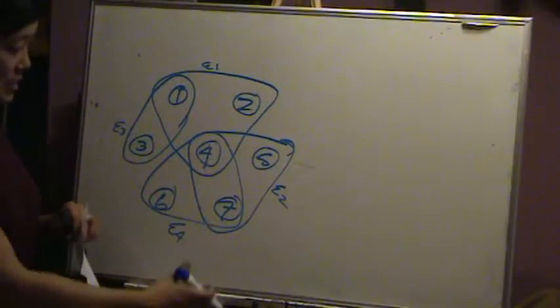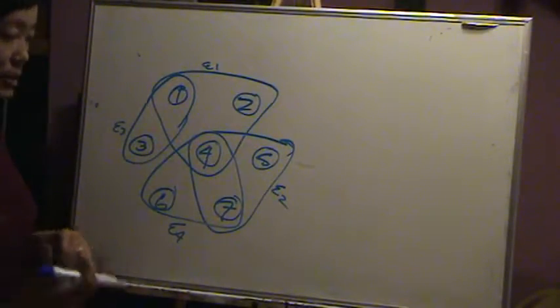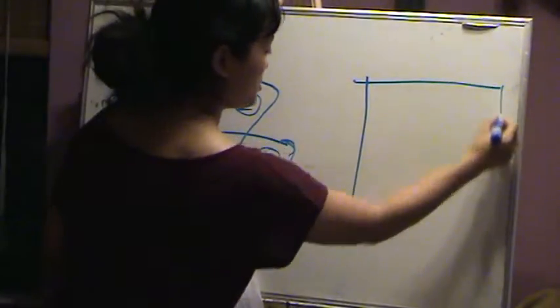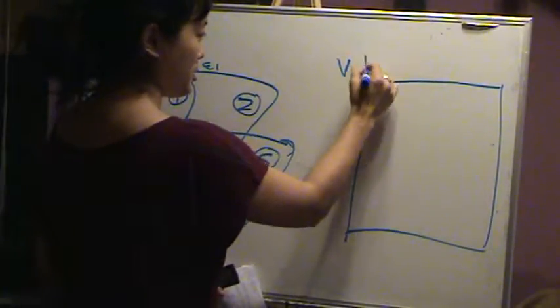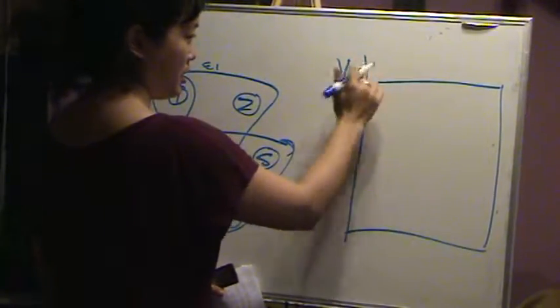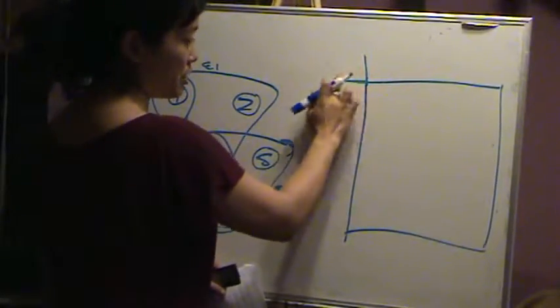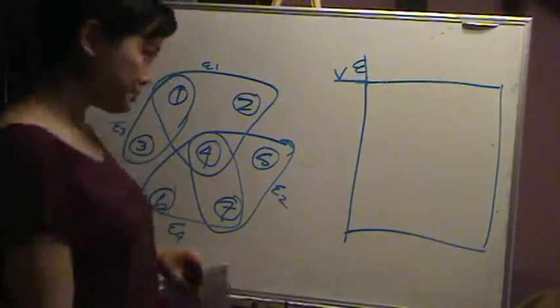Alright, so how do we represent this on the computer? The best way is probably with a matrix, where the rows are vertices and the columns are edges.